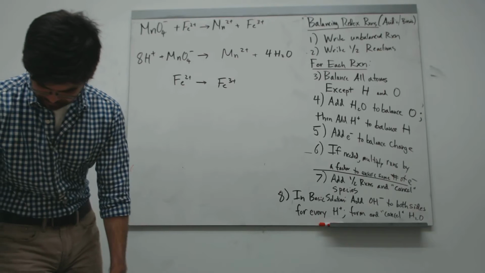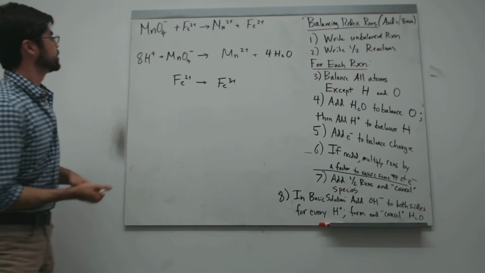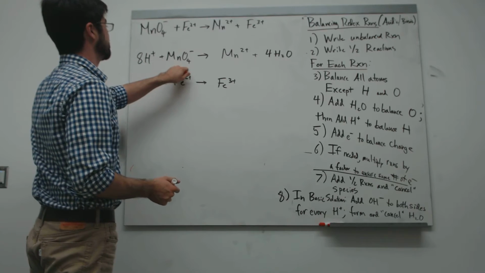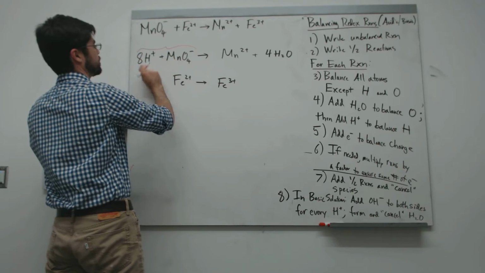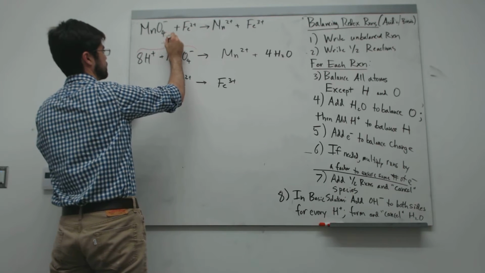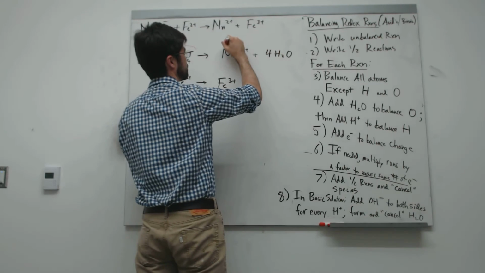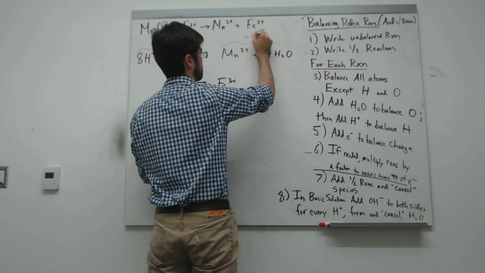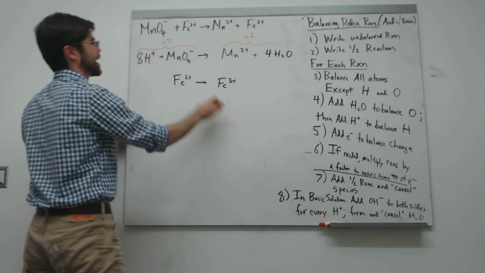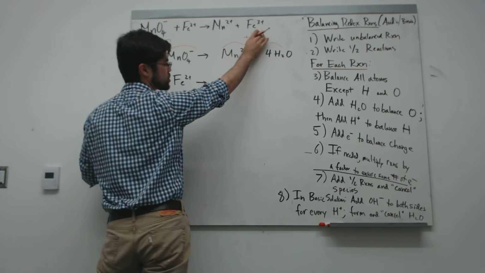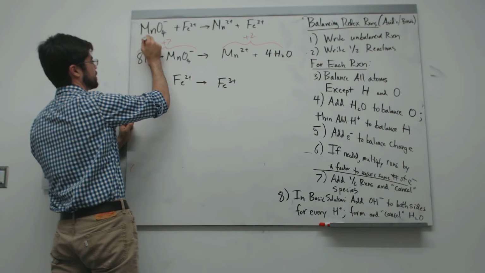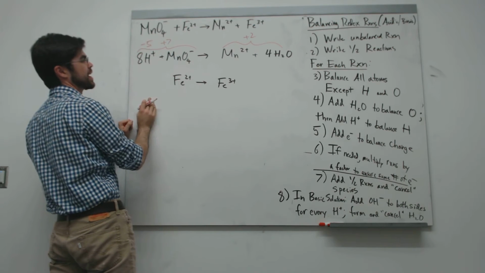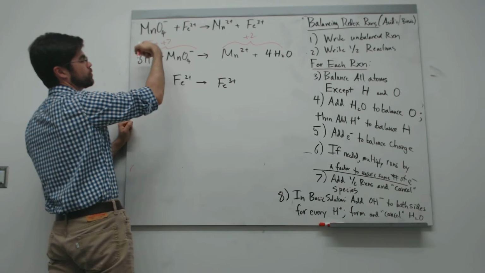So let's see here. Over here, my net charge is, what is this? +7. Over here, the net charge is +2. So the only way I can make +7 equal +2 by adding negative charges is if I add 5 negative charges over here.